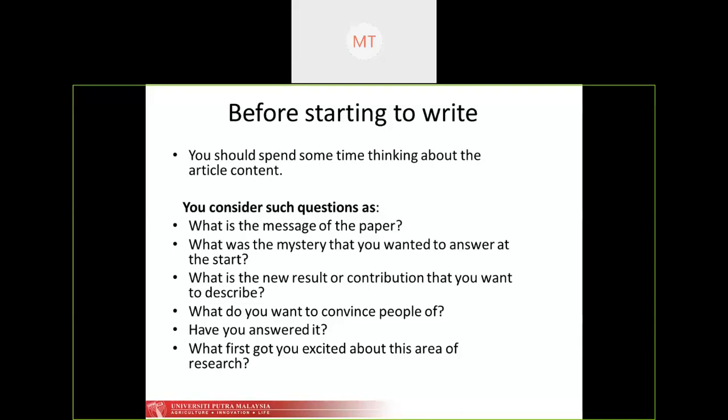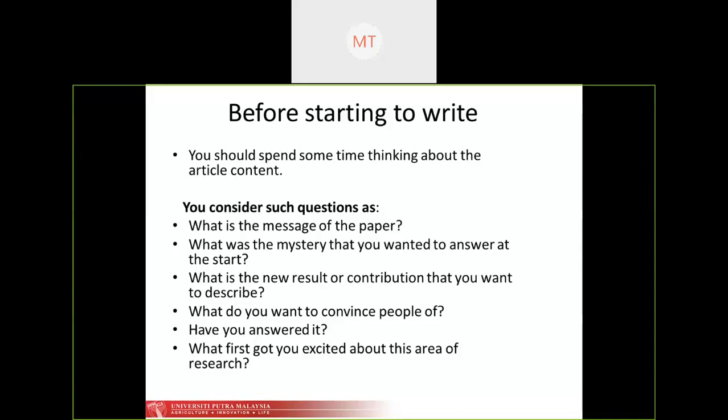Before starting to write, you must consider these questions. Number 1, what is the message of the paper? Number 2, what was the mystery that you wanted to answer at the start? Number 3, what are the new results or contributions that you wanted to describe?